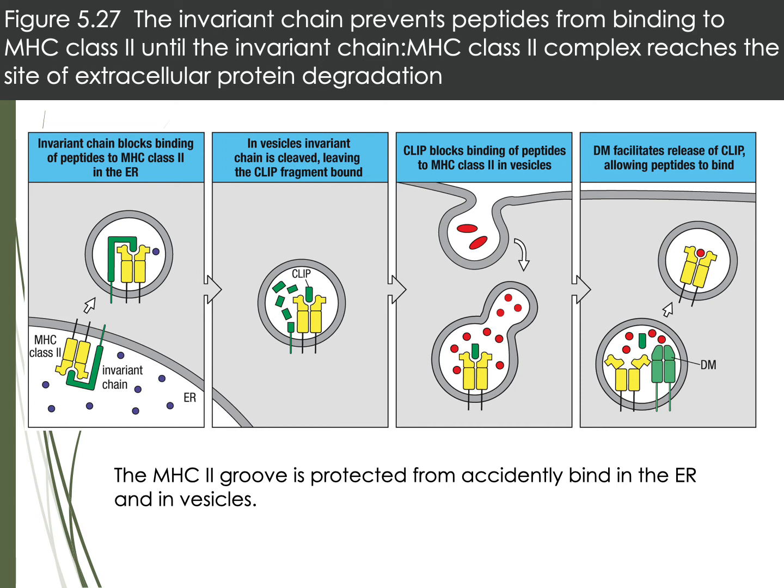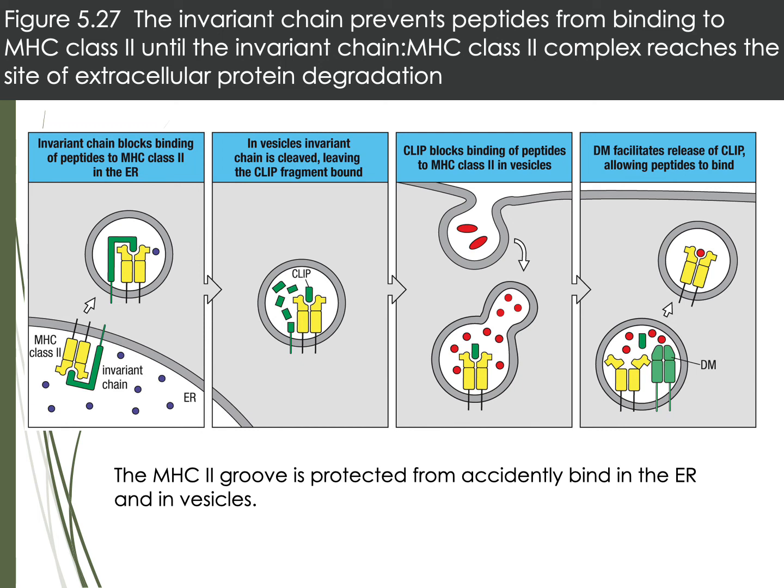In its journey to the phagolysosome, when it's in the vesicle, that invariant chain gets cleaved, and what's left behind is just a little fragment called CLIP. So once it fuses with the phagolysosome, CLIP will dissociate, and then that allows for a peptide to bind to MHC class 2.